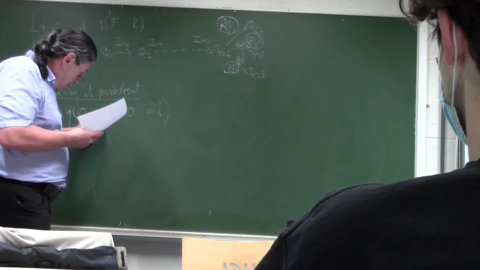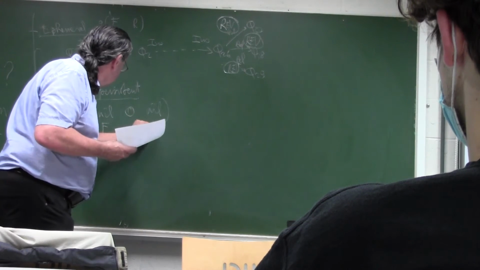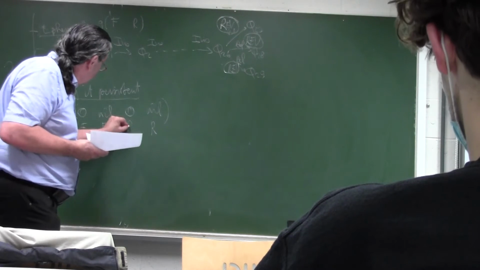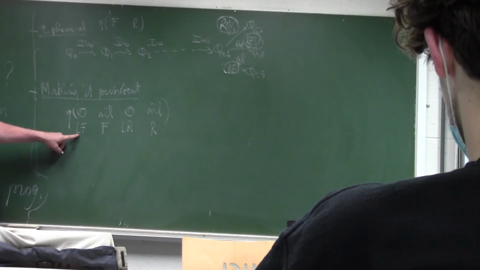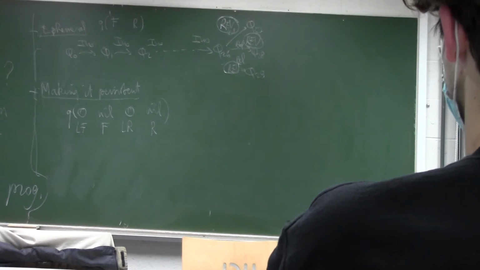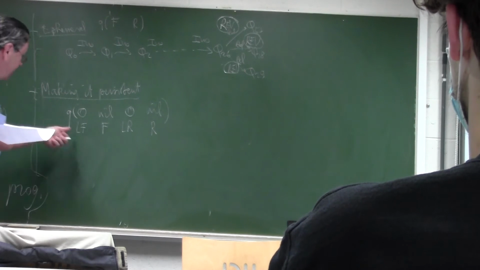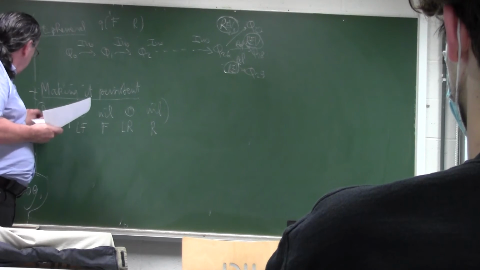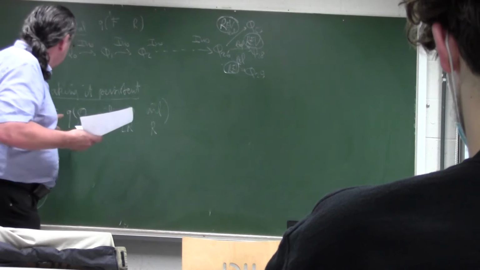Here we have F and R, but we also keep track of the lengths, the length of F and the length of R. Because keeping track of the length lets us count how many operations we did, so we can use the banker's method. So we have Q0 is going to be this one.